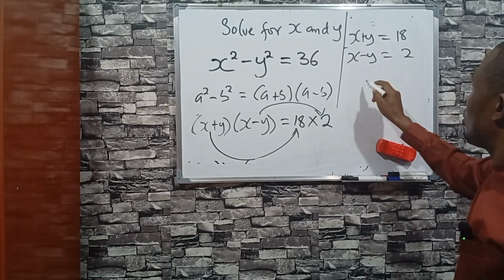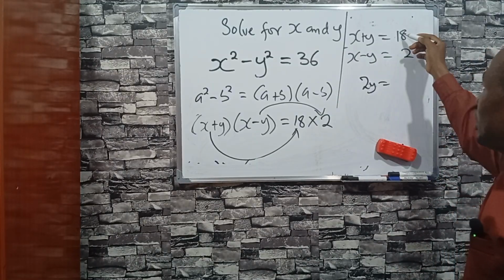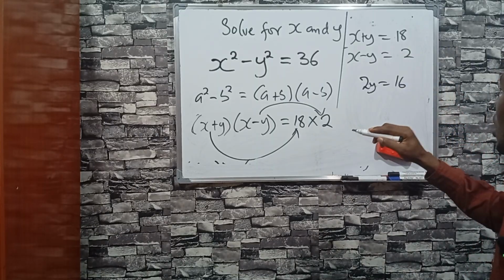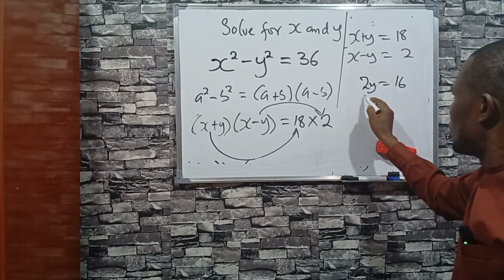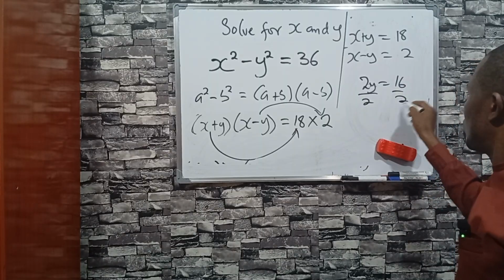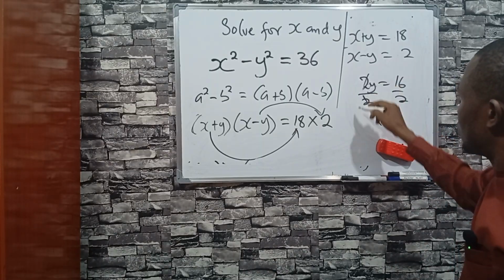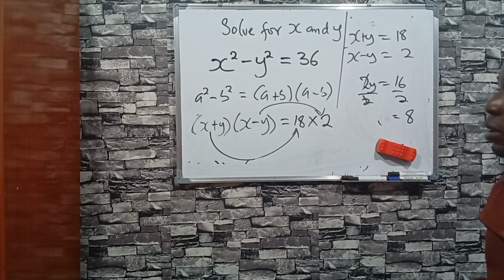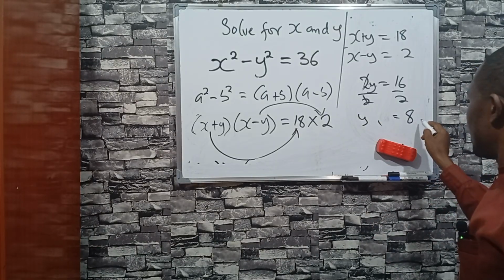So 2y equals 18 minus 2, that is 16. Now, if you divide 2 by 2, you have 1, then 16 divided by 2 is 8, a whole number. So y equals 8.